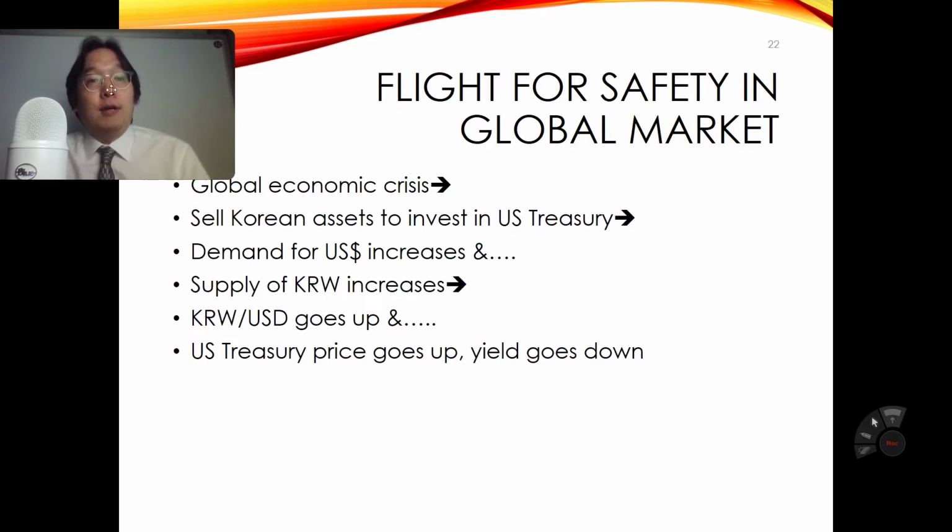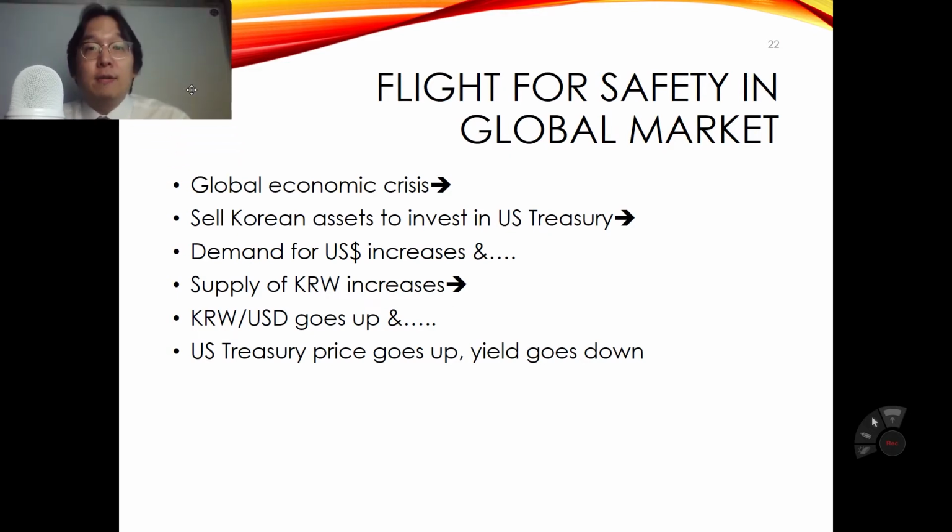Now, that's that. Then, flight for safety in the global market happened. Just to rehash what was going on in the diagrams, a global economic crisis happens, and what typically happened is that international investors investing in South Korea sell Korean assets to invest in U.S. Treasury.